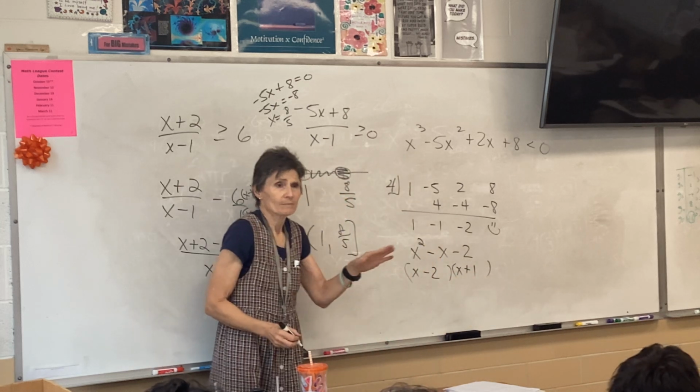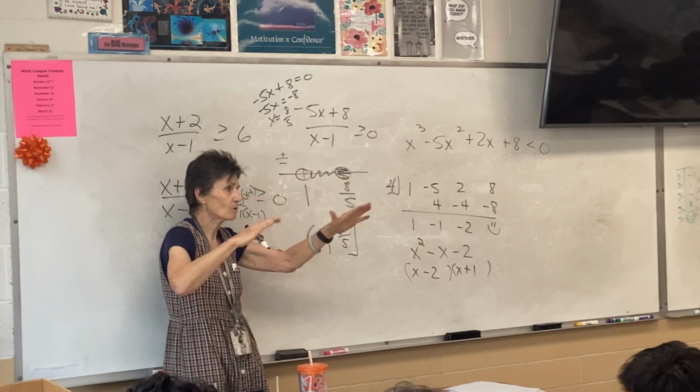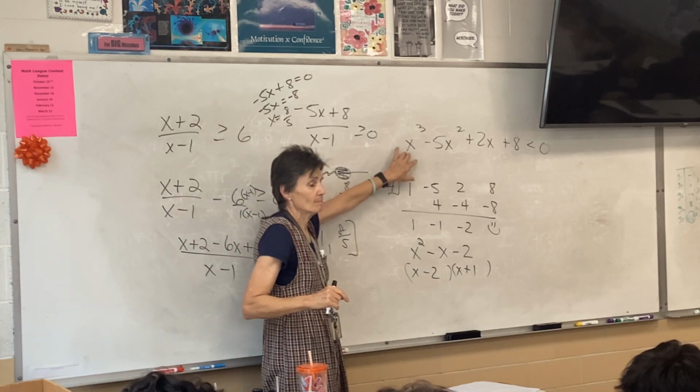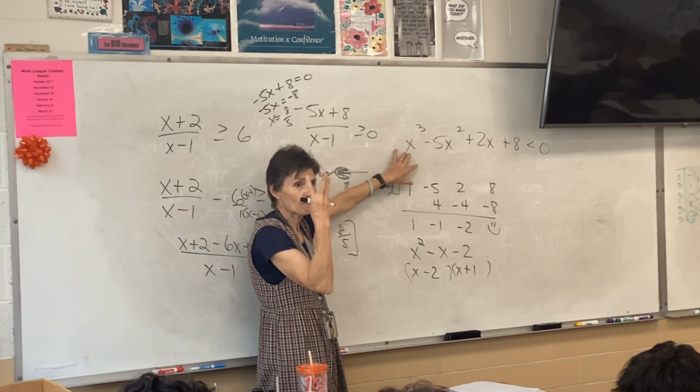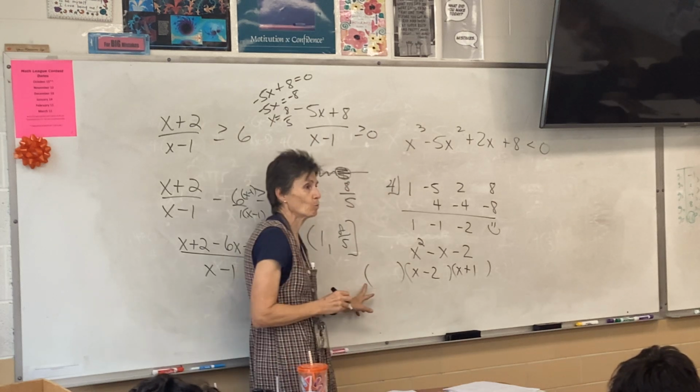All right, so here's where we all have to get focused again. Things are coming together really well. This is a cubic problem. It needs to have 3 parentheses. Here are 2 of the factors. What's the third one?